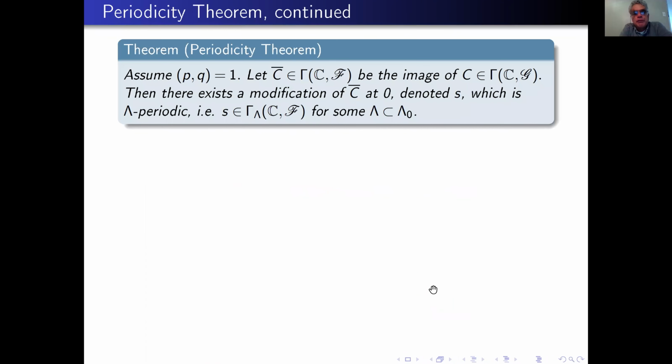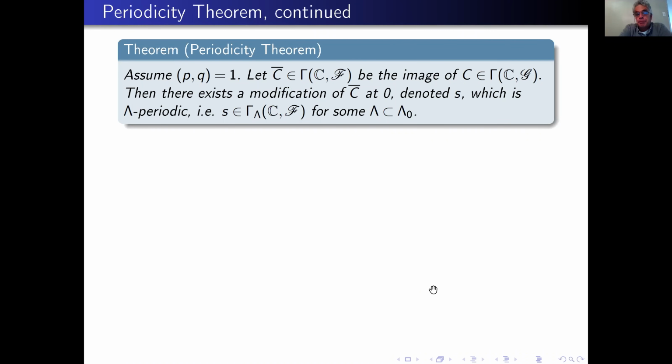So now comes the first main theorem. This is the periodicity theorem. And for this, that's where I have to assume that P and Q are in fact relatively prime. So you see, if C, this matrix that we used for the gauge transformation to bring down A and B, or the module gamma, to a pair of constant matrices, if this was lambda periodic, then we would be done and everything would be easy, as in the case of rational functions.